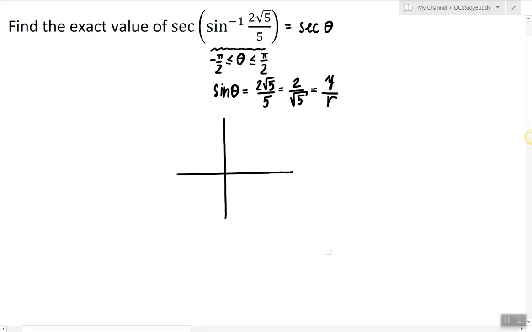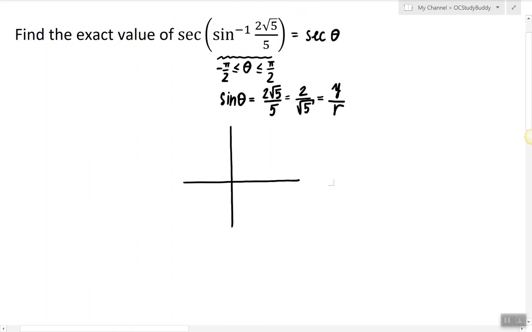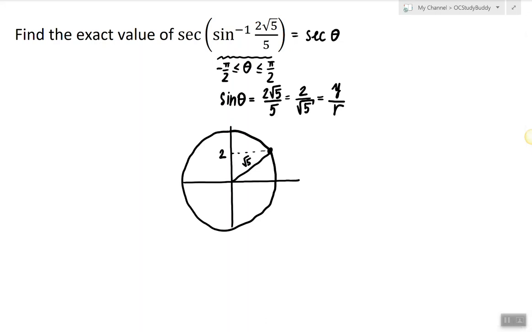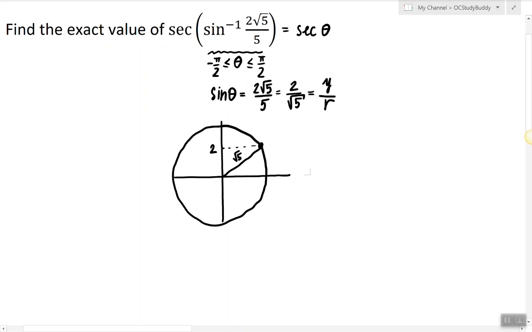So if I find a point with the y-coordinate 2 on a circle with radius radical 5, so let's draw a circle and let's assume that its radius is radical 5, and we find the point with the y-coordinate 2 in the interval between negative pi over 2 and pi over 2, then this picture will be a visual representation of everything that we know about theta.